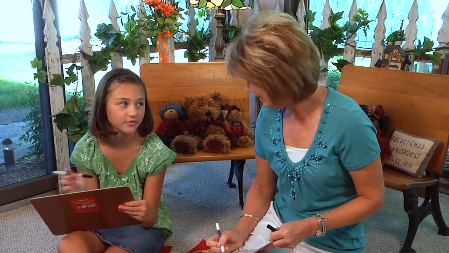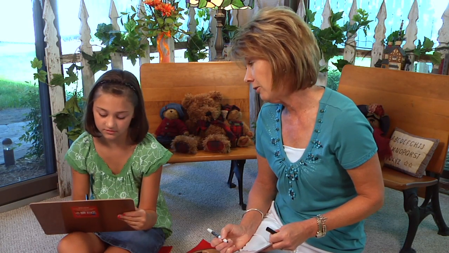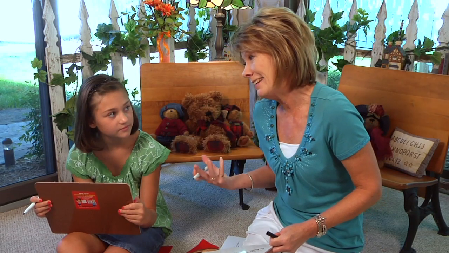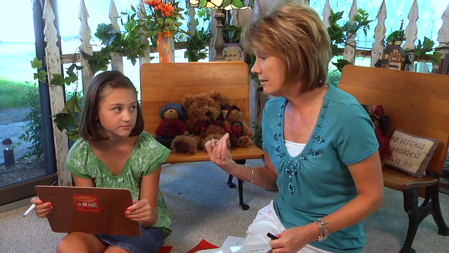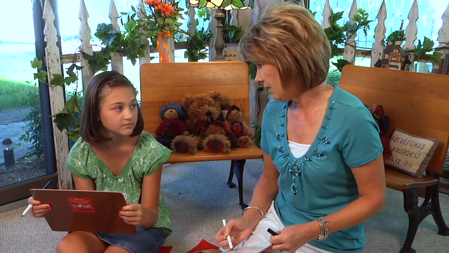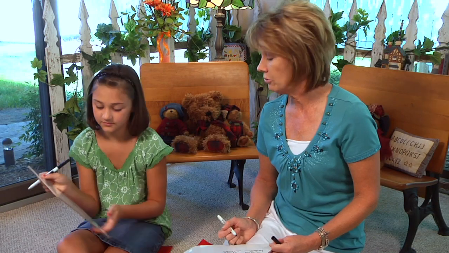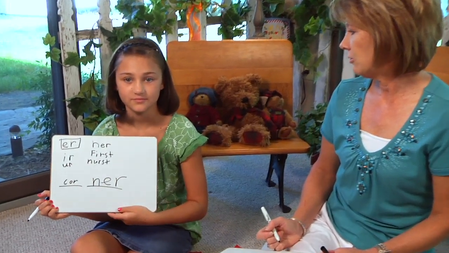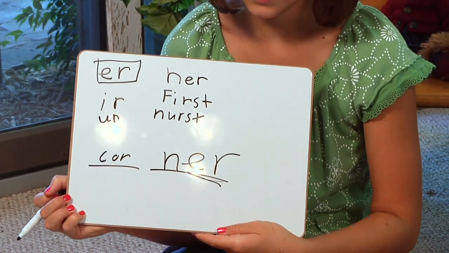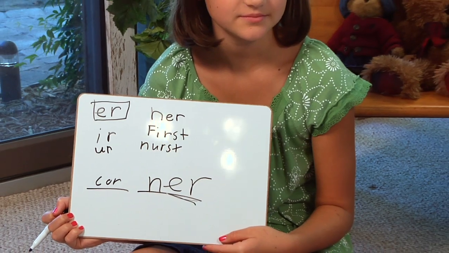So very often. If you didn't know how to spell the sound at the end of a two-syllable word and you had to guess, your very best guess that works almost every time is to choose the ER at the end of the word. Now show the parents what you have. You have corner, and you're going to remember that the most common way to spell the sound at the end of the word is with an ER.